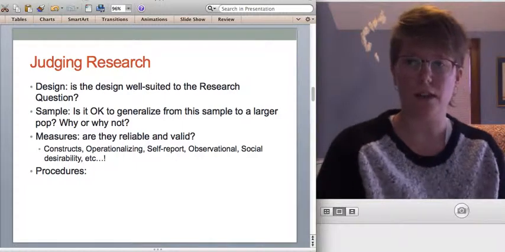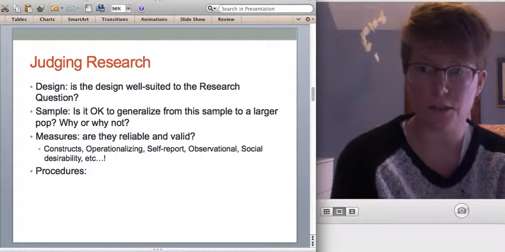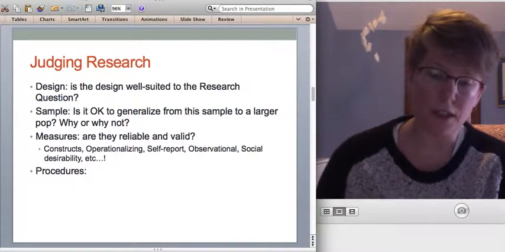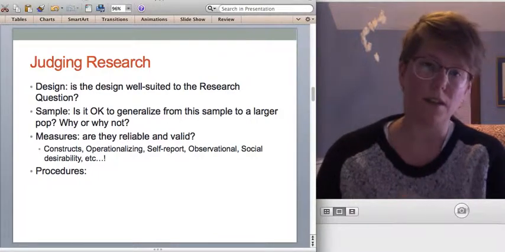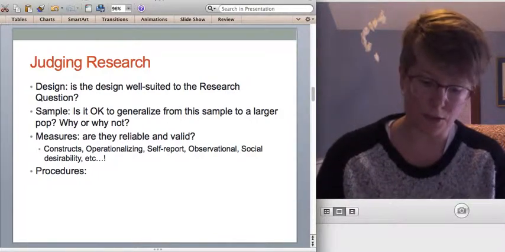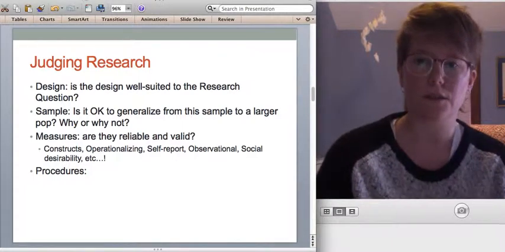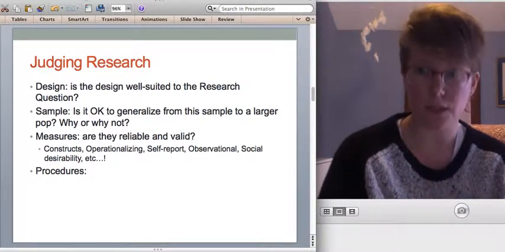It's like social desirability on steroids. The person is compelled to answer a certain way. But social desirability can be at play in really subtle ways, just in the way that we ask questions, the way that things are worded on a survey, as you guys will read, can really lead people to answer the way they think the researcher wants them to answer. And that would be a hit on the study's validity.